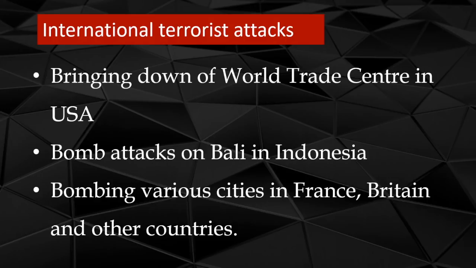The first major terrorist attack was in the United States of America, in which the World Trade Center was brought down by a terrorist attack. It was completely destroyed, and it was the first major terrorist attack which took place in the world.